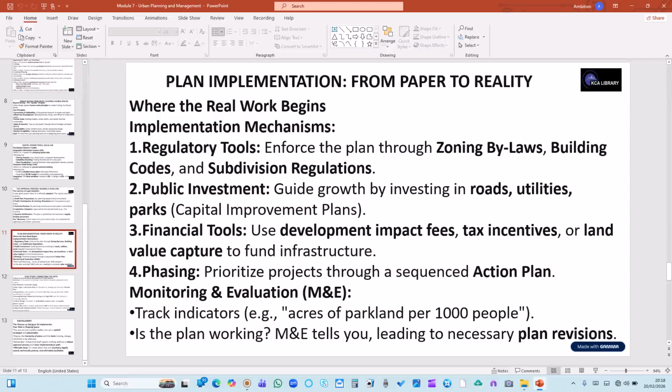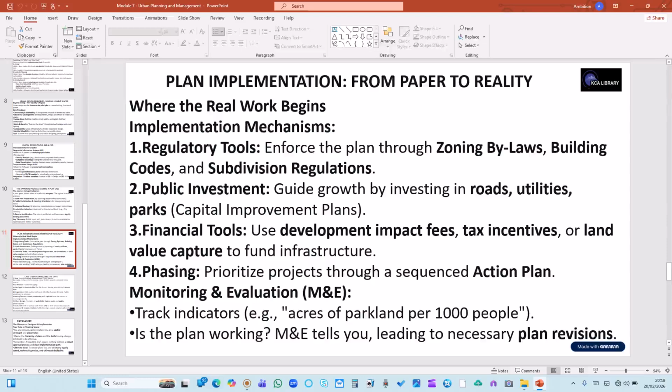Let us look at plan implementation, from paper to reality, where the real work begins. Implementation mechanisms include regulatory tools, which enforce the plan through zoning bylaws, building codes, and subdivision regulations. Here, the regulatory tools involve the use of zoning bylaws, building codes, and subdivision regulations by government to make sure that the plan is being implemented.